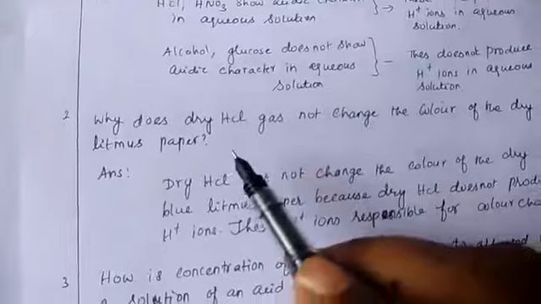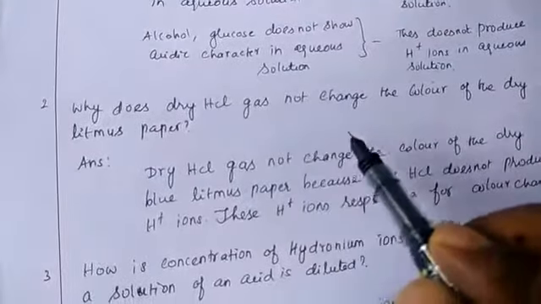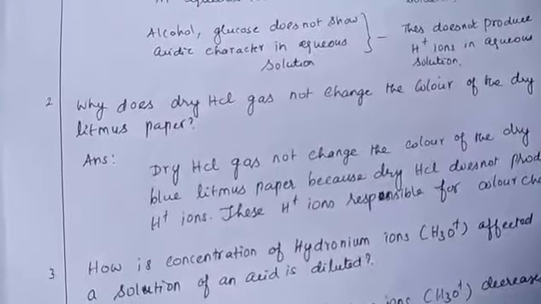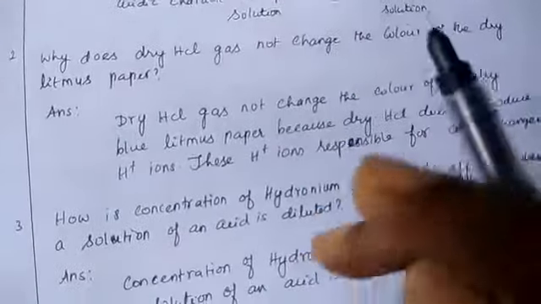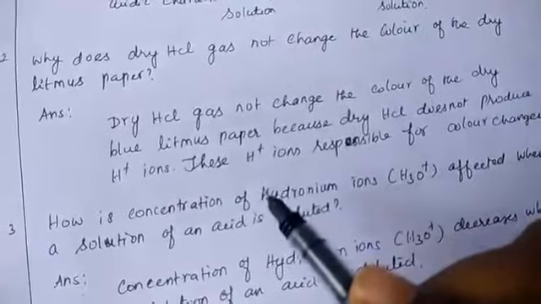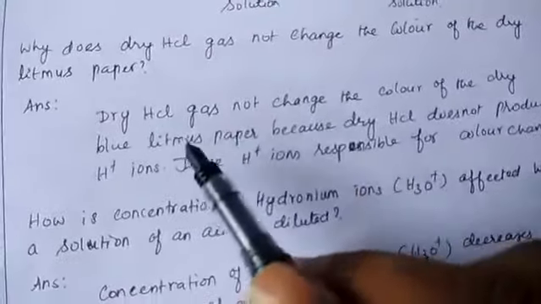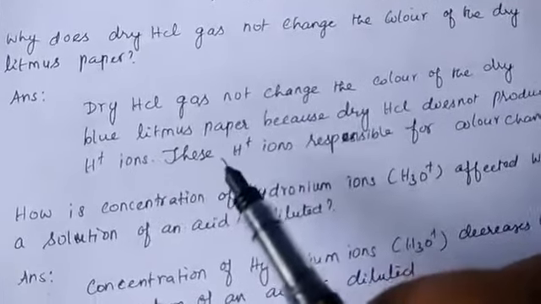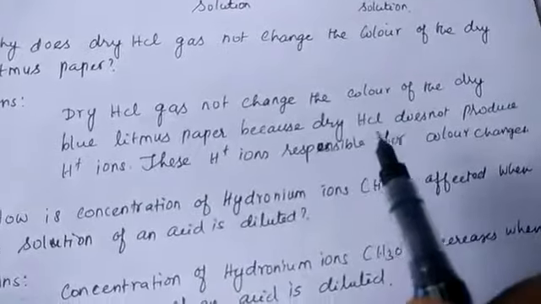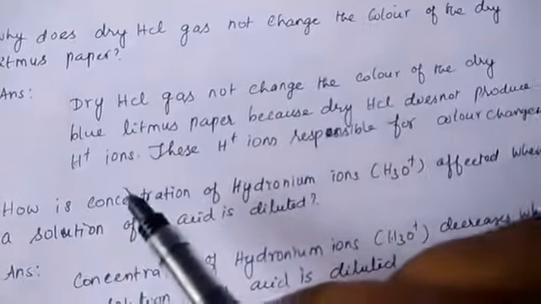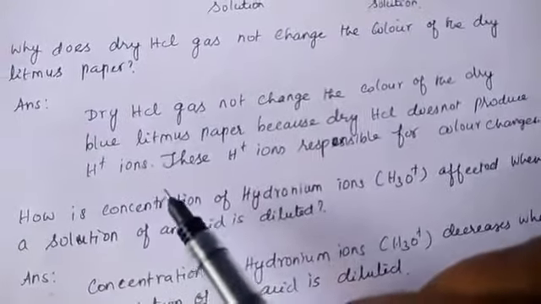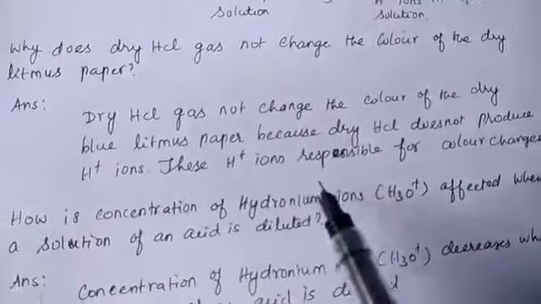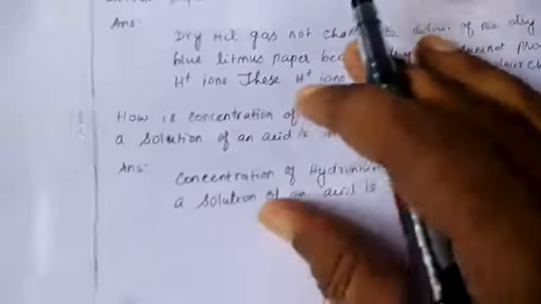Second question. Why does dry HCl gas not change the color of dry litmus paper? For any color change of litmus paper, H plus ion must be present. Dry HCl does not change the color of dry blue litmus paper because dry HCl does not produce H plus ions.